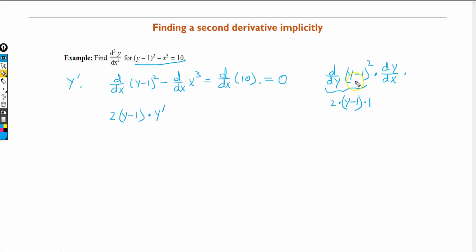Technically you are using a little chain rule right here where u is y minus 1, right? So you differentiate with respect to the inside and you get 2 times the inside times the derivative of y minus 1 with respect to y. Derivative of y with respect to y is 1.